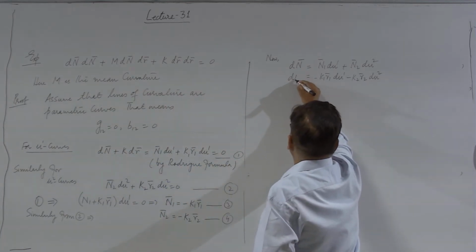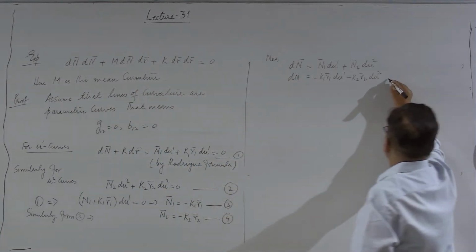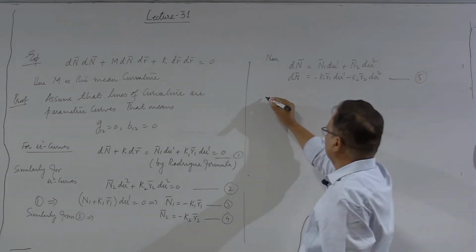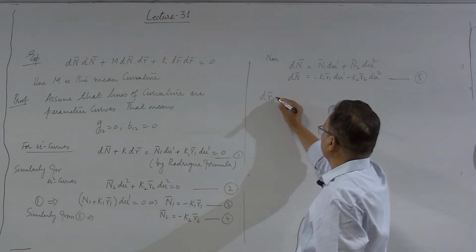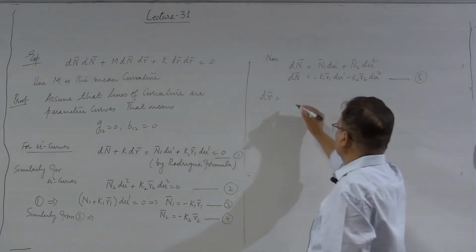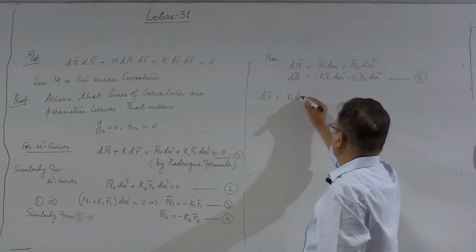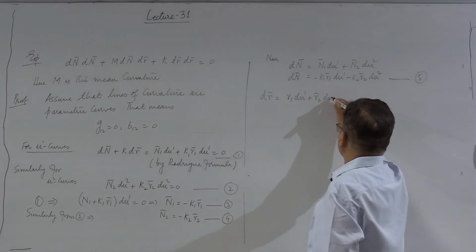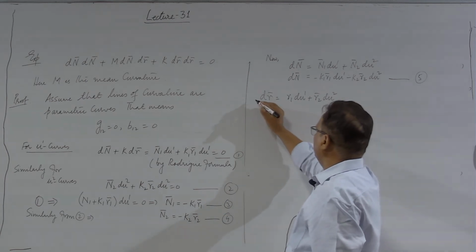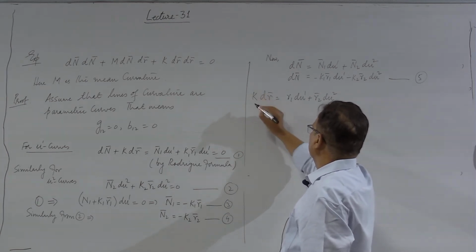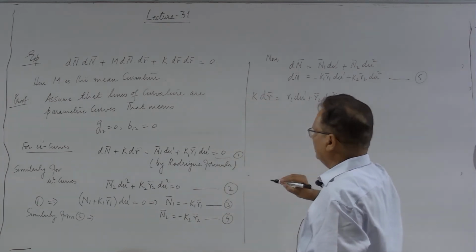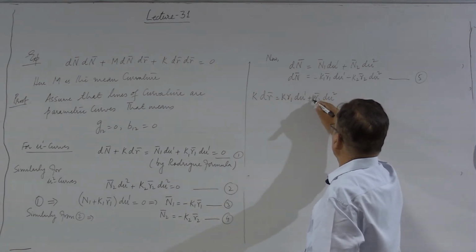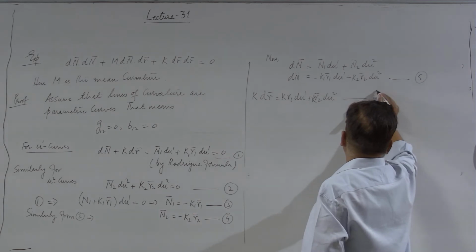So, this value of dn is number 5. Now, look at dr. dr is r 1 du 1 plus r 2 du 2. This is number 6.